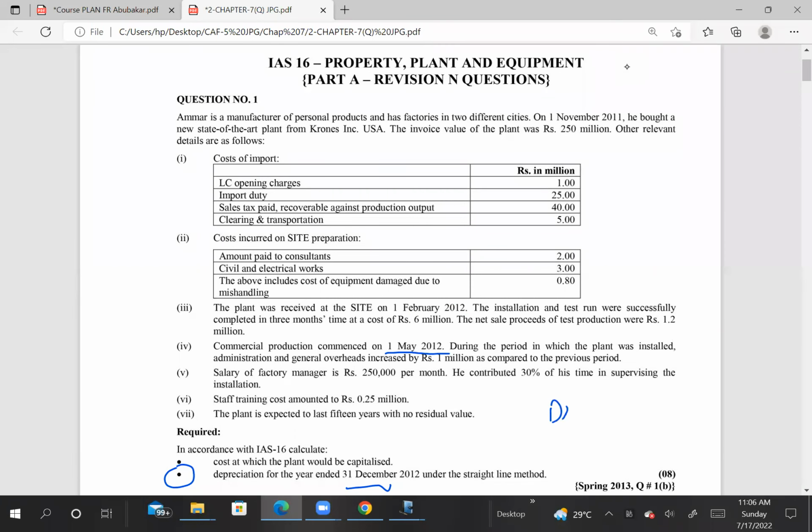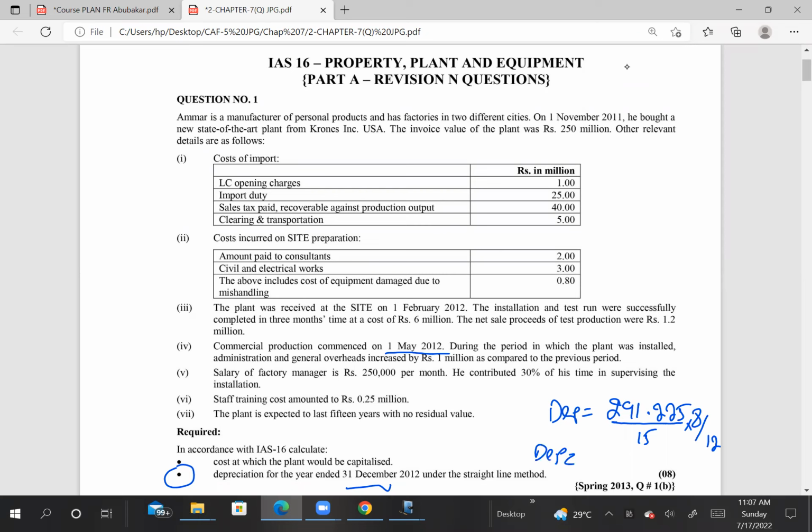So the depreciation will be 291.225 divided by 15 and multiplied by May, June, July, August, September, October, November, December. So it's 8 months. So 8 by 12. So 8 months depreciation will be charged.